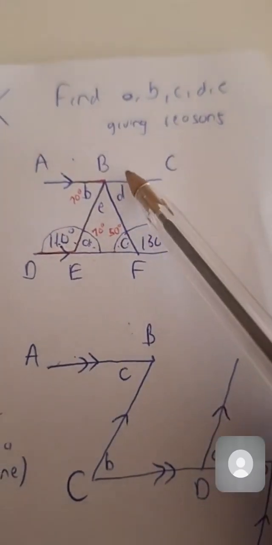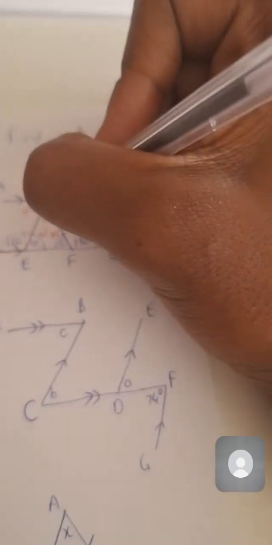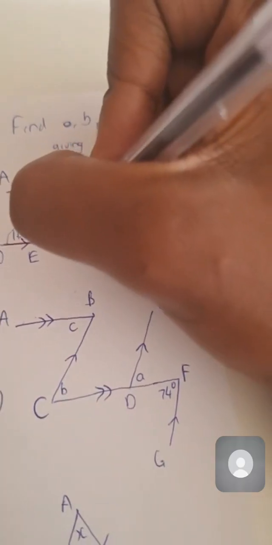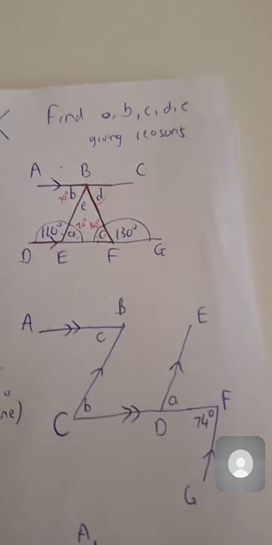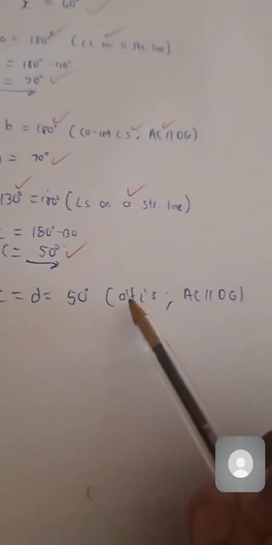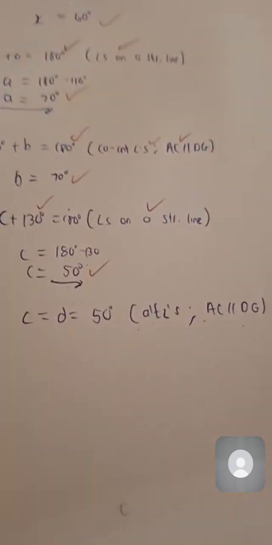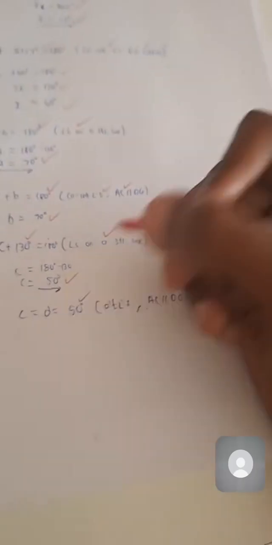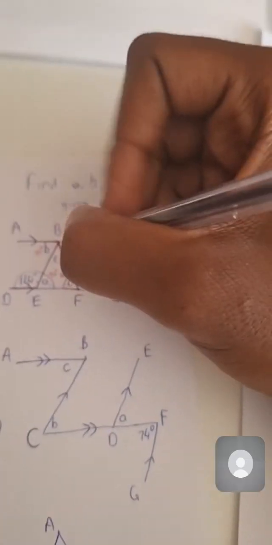C is equal to D, right? What relationship exists? It's our Z relationship. There it is. This angle is equal to that angle. C is equal to D, which is equal to 50 degrees. Reason? Alternate angles. Then we state our lines that are parallel. AC is parallel to DG. Nice. Update the diagram. 50 degrees.